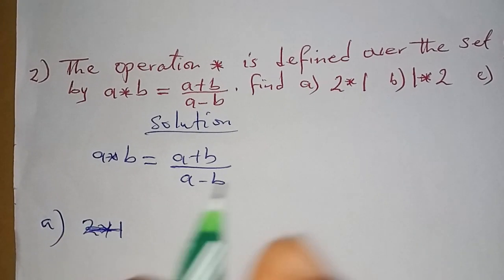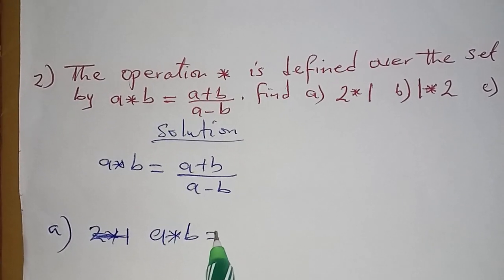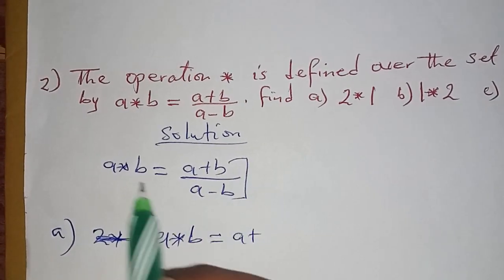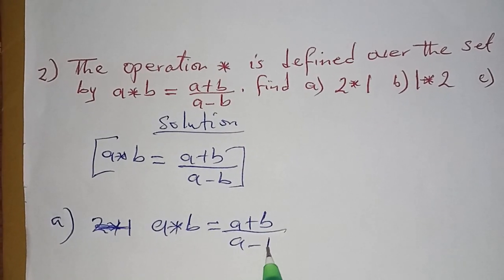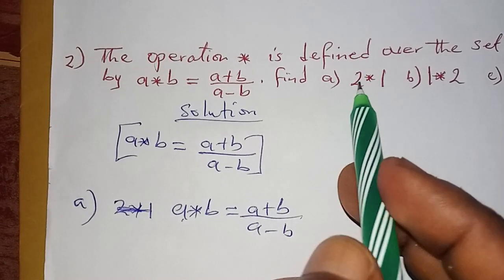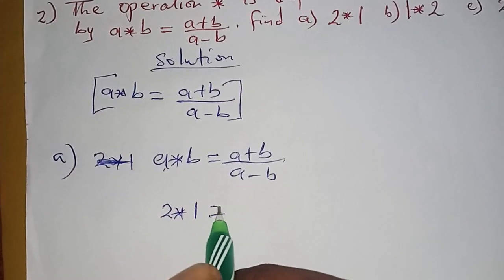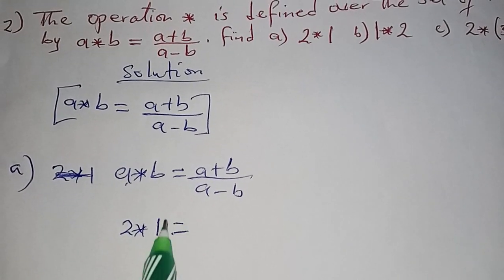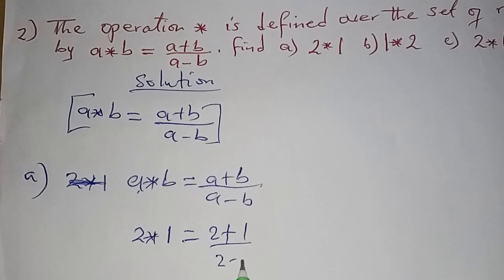So let me get ready in the same form where we say A operate with B should be equal to A plus B over A minus B, the equation that was given. Now I am about to solve. The value for A in our first question is 2, it's 2 operate over B, which is 1, will be equal to 2 plus 1 over 2 minus 1, right?